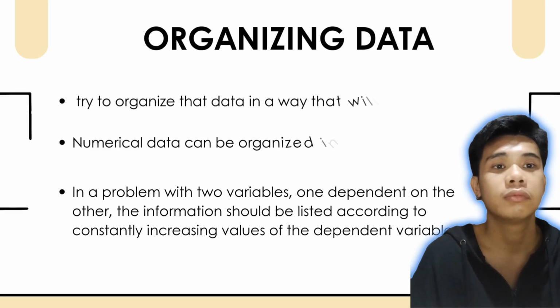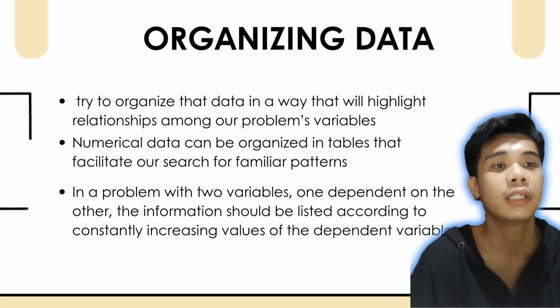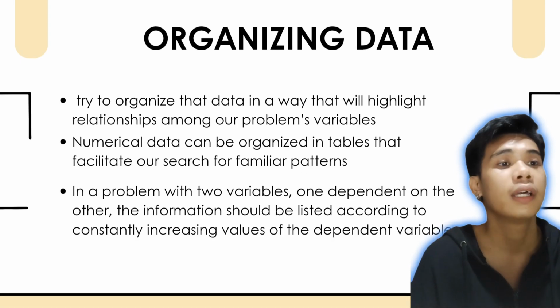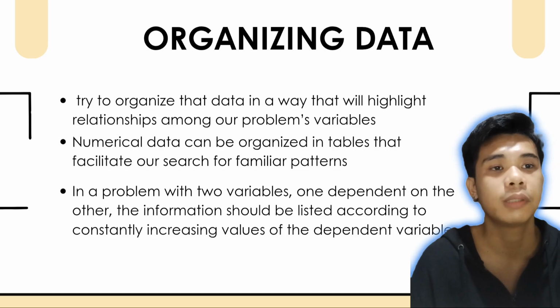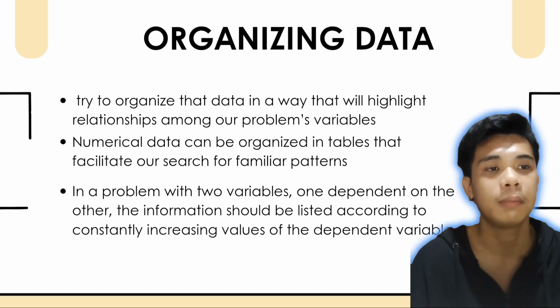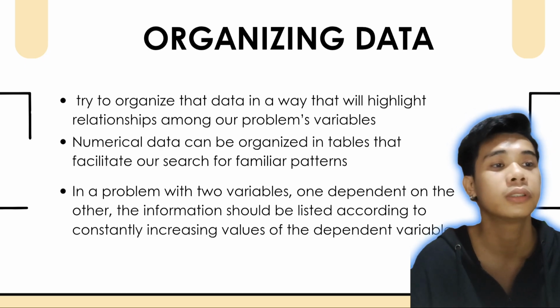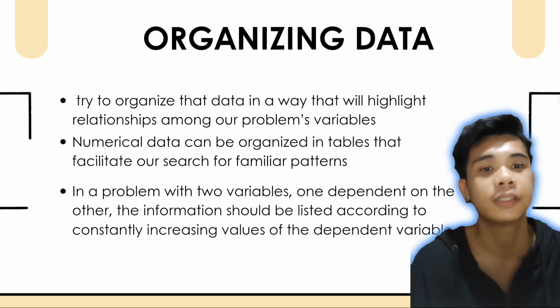Organizing data. We need to try to organize the data in a way that will highlight relationships among our problem's variables. Numerical data can be organized in tables that facilitate our search for familiar patterns.